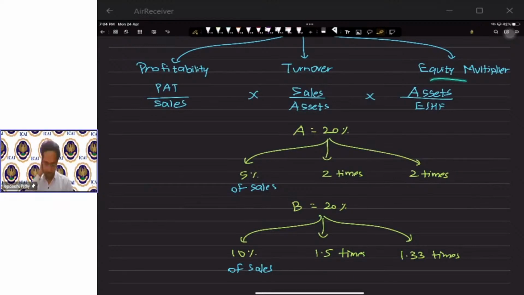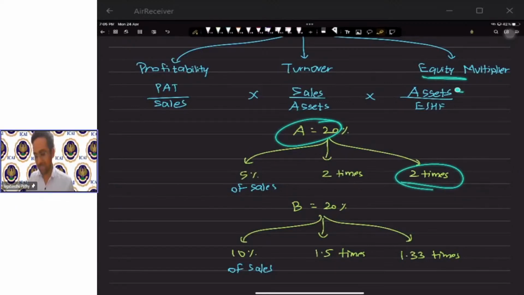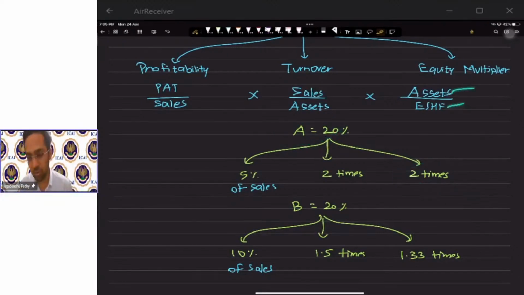Equity multiplier is 2 times for A and 1.33 for B, which means company A is having an asset level which is double of equity shareholders' funds. When you say double of equity shareholders' funds, it means it is having some sort of debt, right? If your assets to equity shareholders fund is 2 times, it means assets are 2 and equity is 1, so there is some portion which is debt.